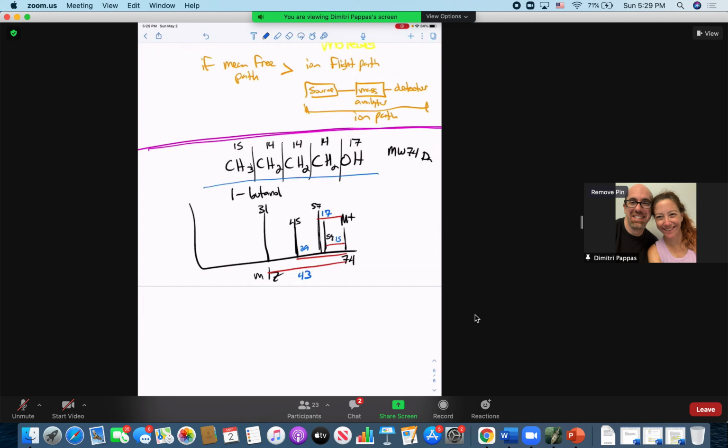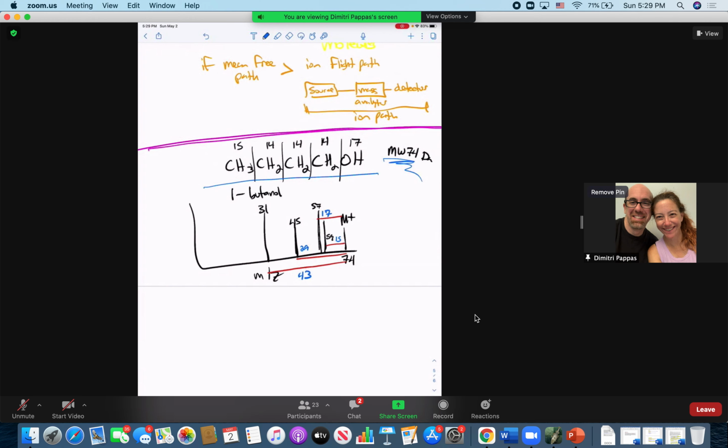And so you can now look at this molecule and ask yourself, okay, it's 74 Daltons. I'm probably going to lose a functional group on the edges of the molecule versus the internal structure of the molecule first, right?